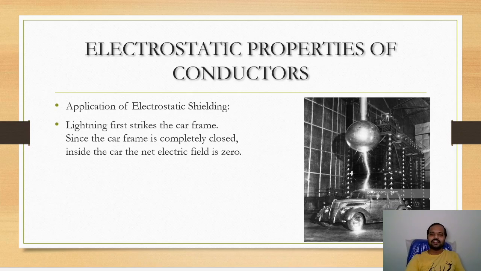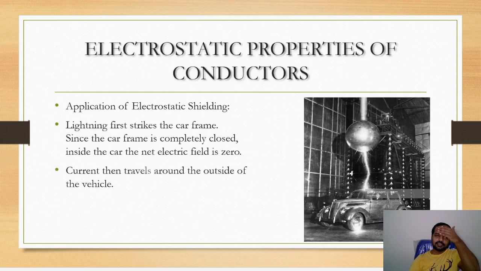Whenever the lightning strikes the car, since it is completely closed, the charges cannot actually enter into the car, which means inside the car the net electric field obviously is going to be zero.